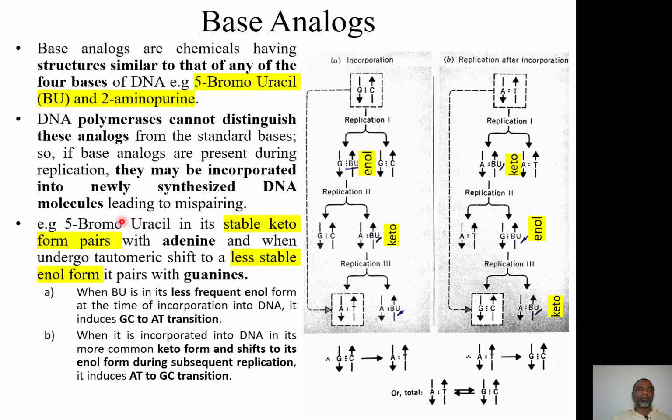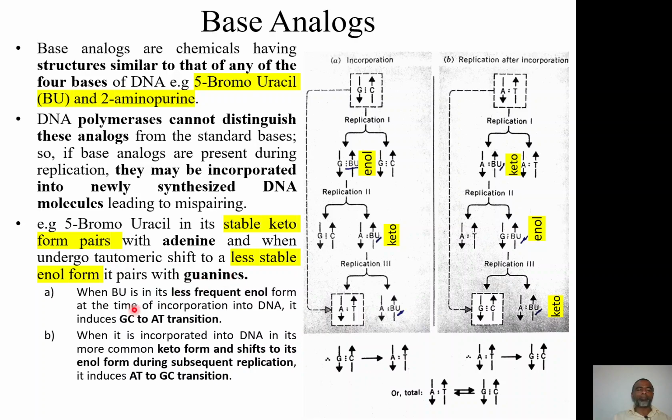You must remember that 5-bromouracil in its stable keto form pairs with adenine, and when it undergoes a tautomeric shift to the less stable enol form, it pairs with guanine.